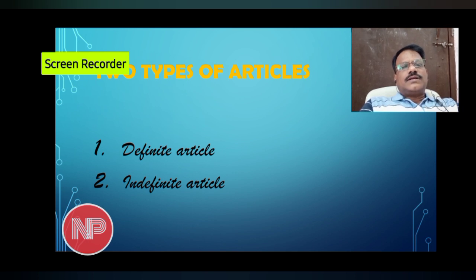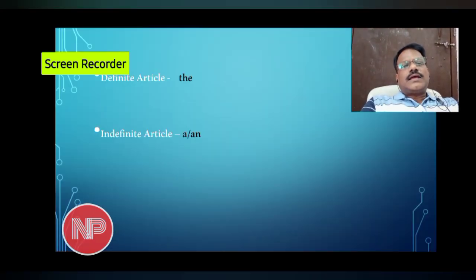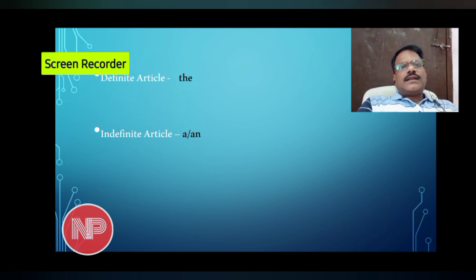The names of these types themselves show how to use these articles accordingly. The definite article is the, and the indefinite articles are a and an. One of a or an can be used at a time.